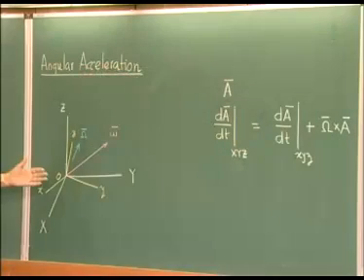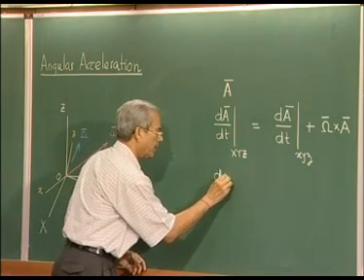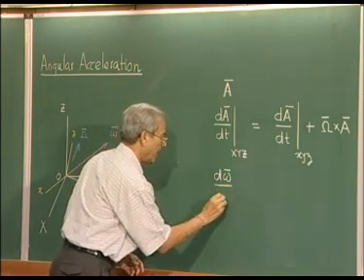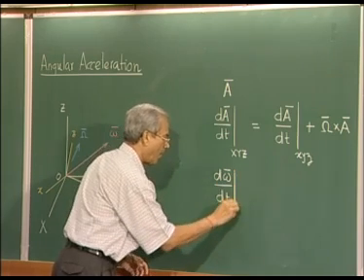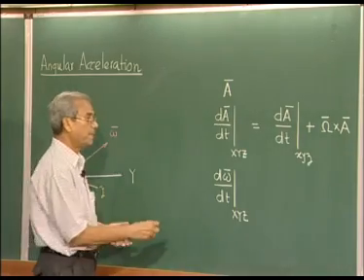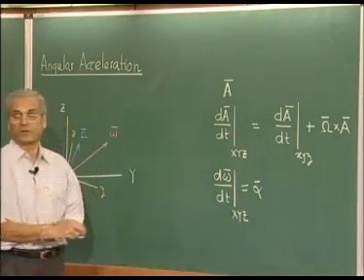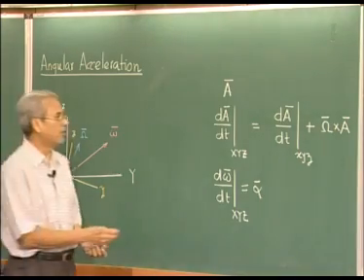The angular velocity vector omega will also fulfil the same equation: the rate of change of angular velocity as seen by a fixed frame of reference is the angular acceleration by definition, and it will be equal to this.